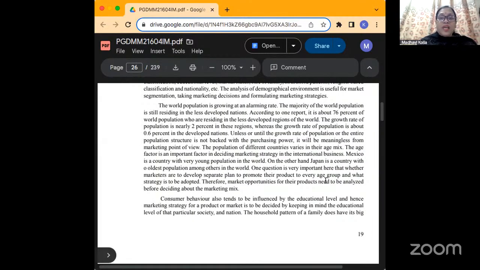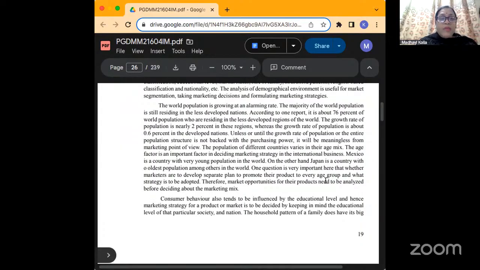If we were to see in terms of the recent reports, it is said that about 76% of the world population is residing in the less developed regions of the world. So, what may sell in developed countries like, say, the US or Japan may not necessarily sell in less developed countries.